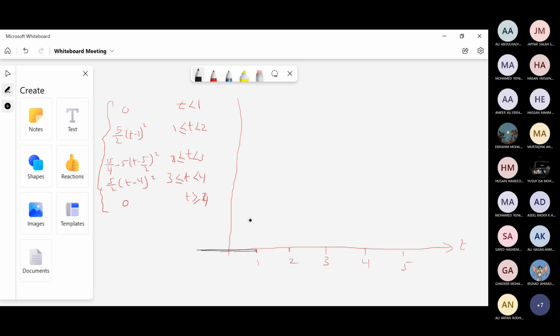So at 1, it is equal to 0. At 2, this is equal to 1, so it is equal to 5 over 2, that is 1.5. So this is 5 over 2. Okay, this one is a square, which means that it is a parabola, and it is positive, so it's concave up.